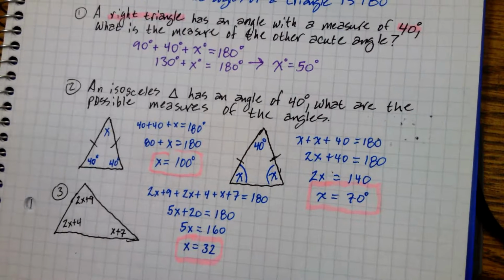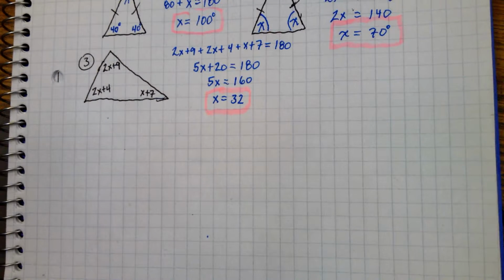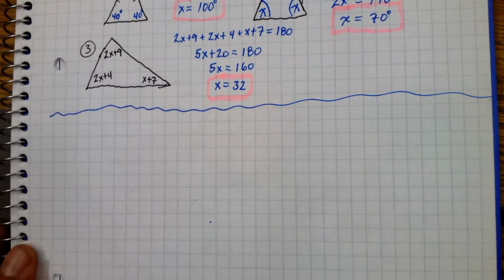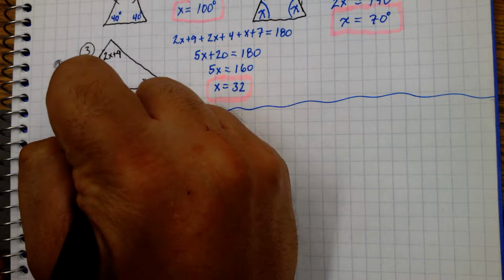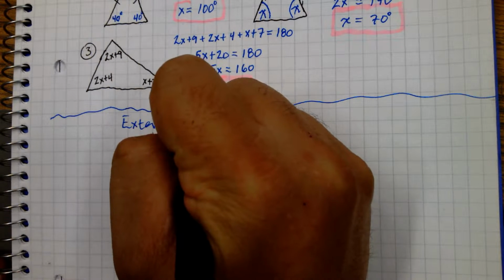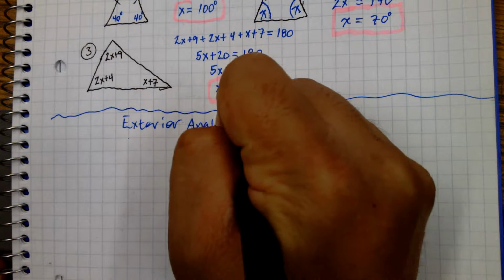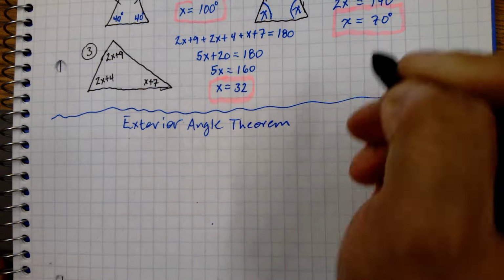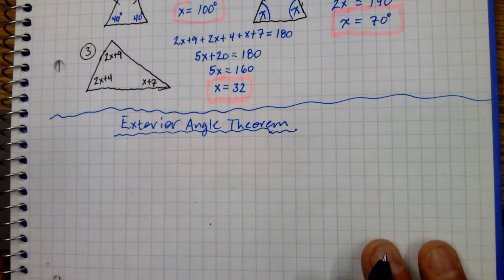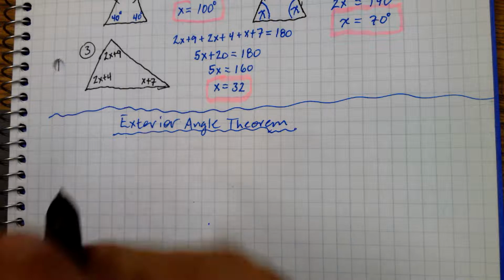So, new theorem, and I think we'll just do one more problem and then we'll be done. Okay. All right. So this is the exterior angle theorem. Oh no, we have to do two. All right. So here we go. Okay. So here's the theorem.